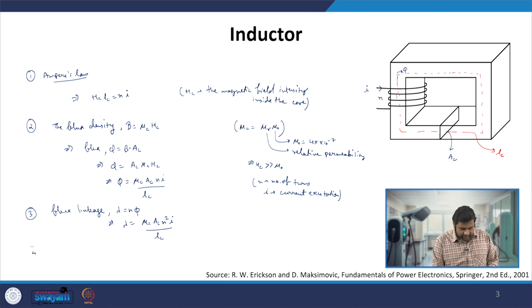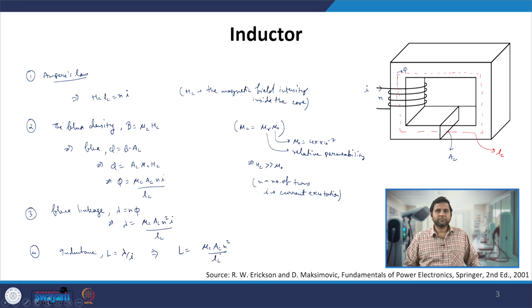Now, this implies my inductance. We can write inductance L equal to lambda by I, and that gives L equal to mu c Ac n square by Lc.